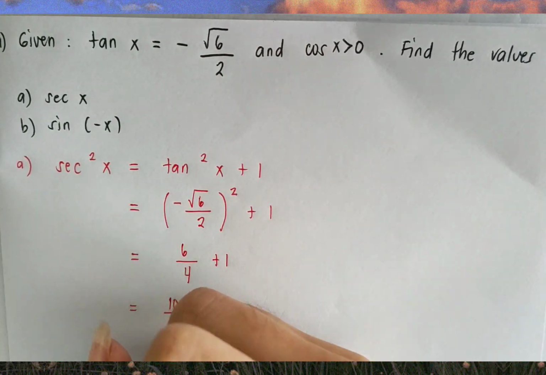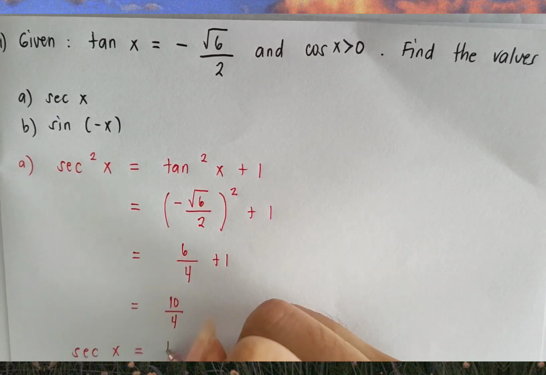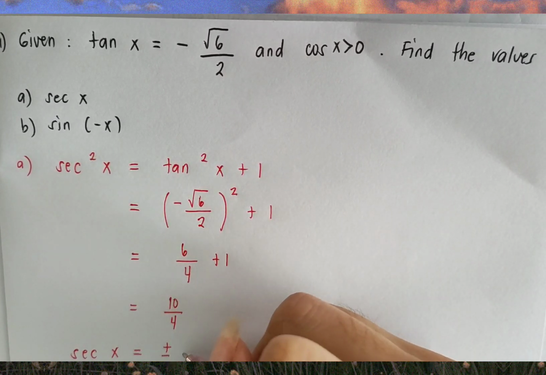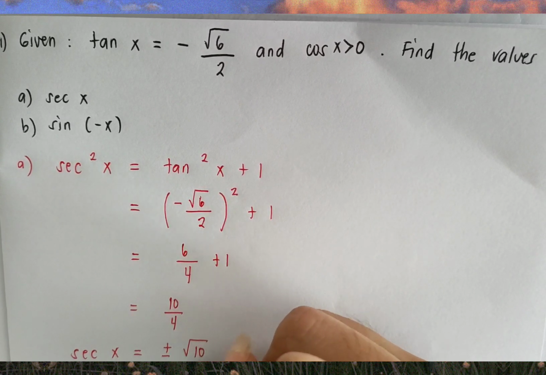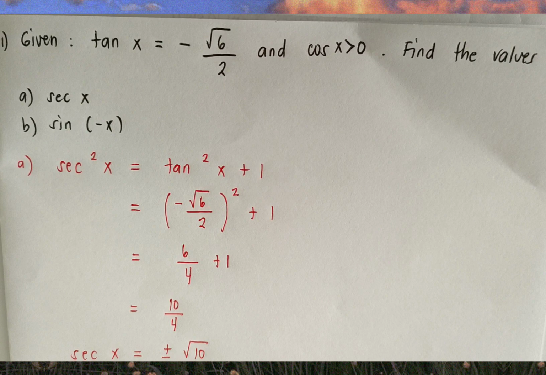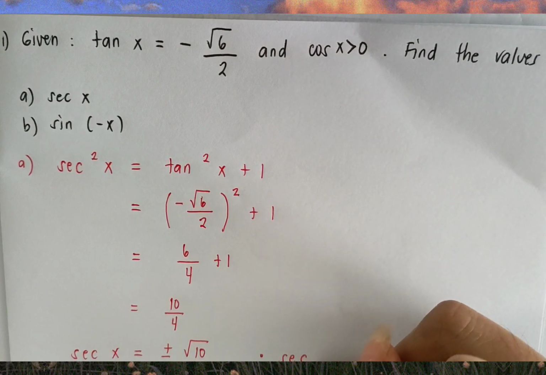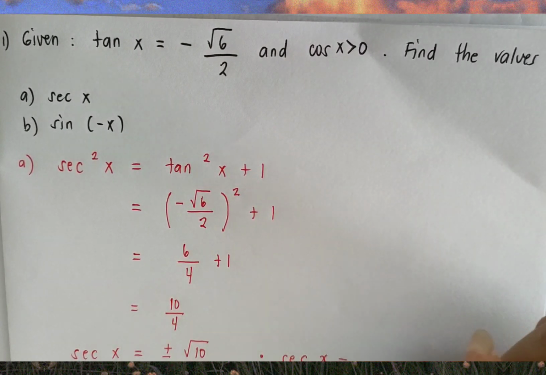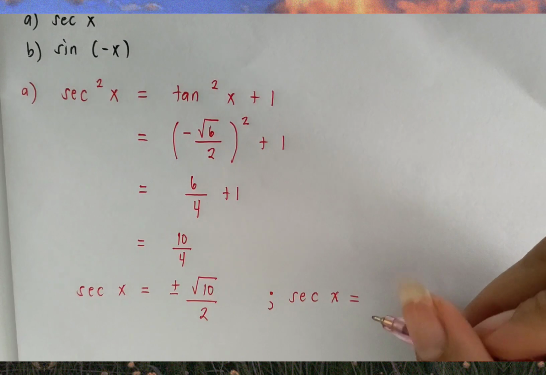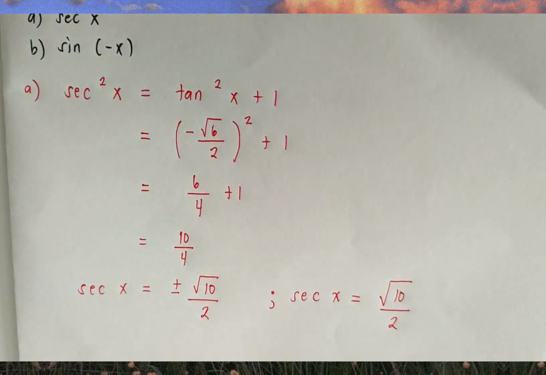Meaning to say, secant x is equal to positive and negative square root of 10 over 2. We choose the positive root, and so secant x is equal to the square root of 10 all over 2.